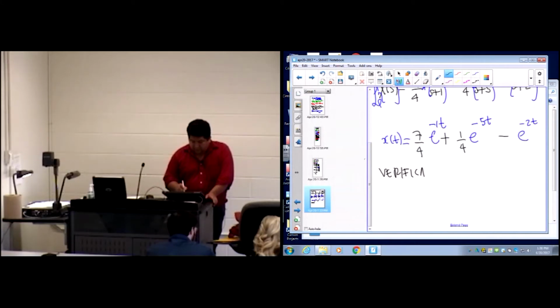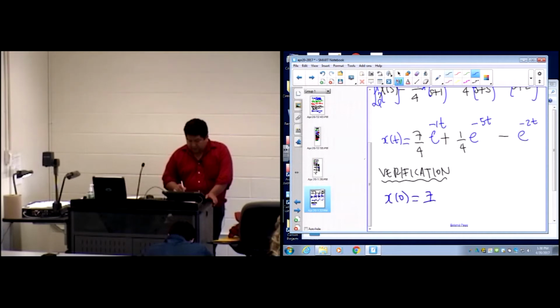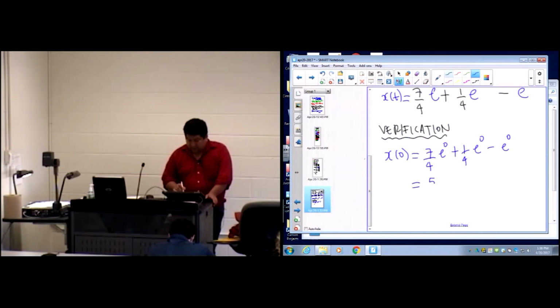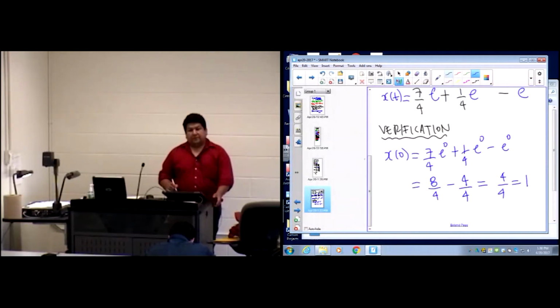It looks like 7/4 times e to the 0 plus 1/4 times e to the 0 minus e to the 0. So this is 8 fourths minus 4 fourths, which is 1. So little x of 0 equals 1, and that's precisely the first initial condition.